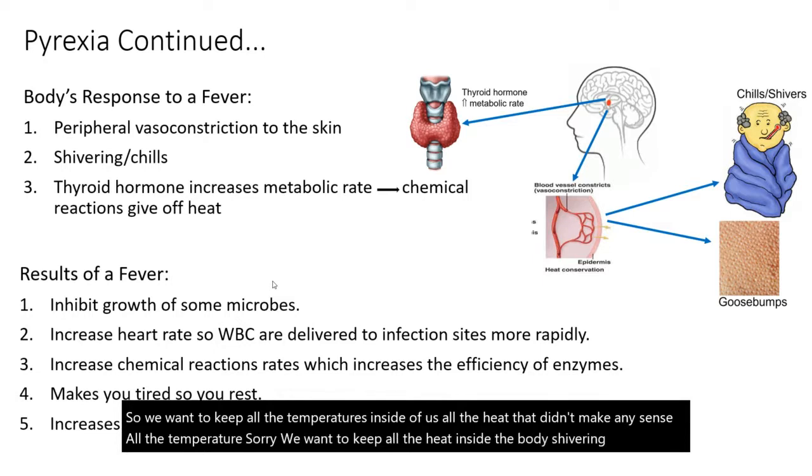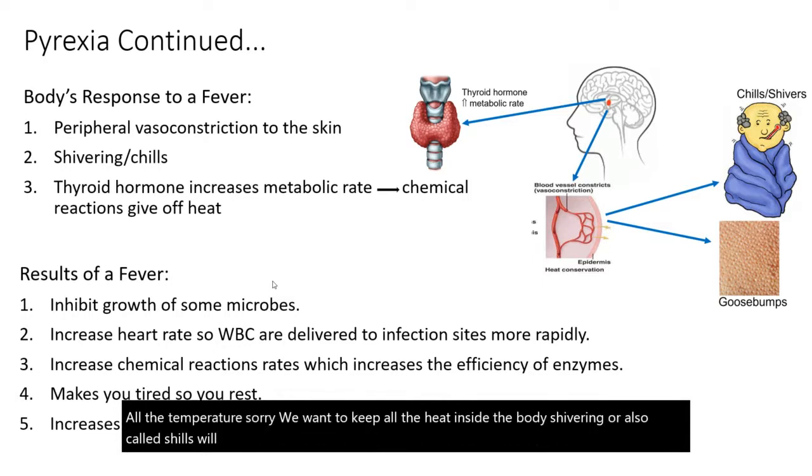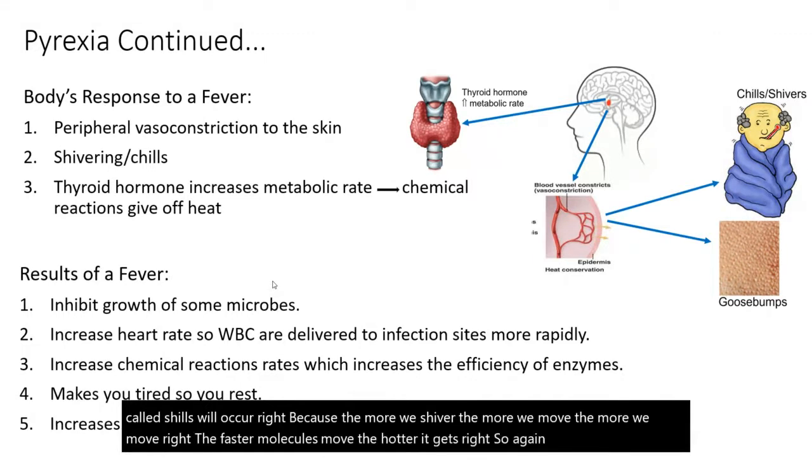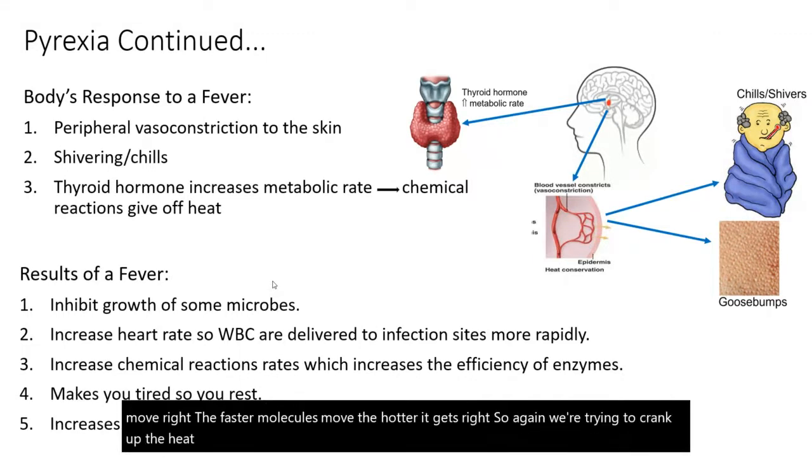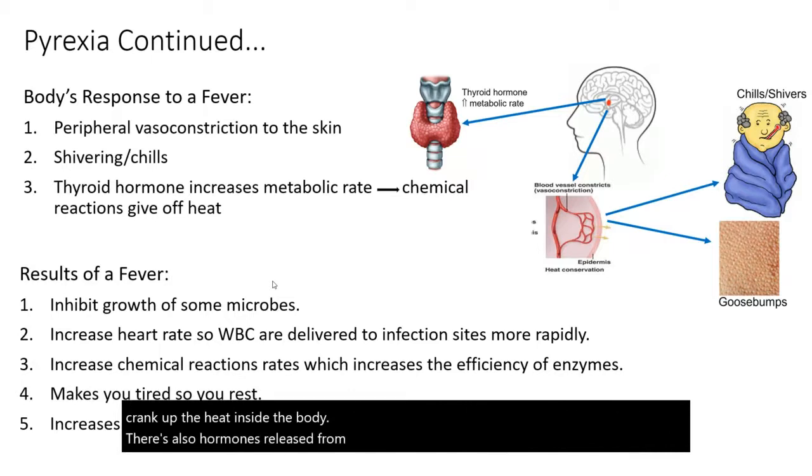Shivering, also called chills, will occur, right? Because the more we shiver, the more we move. The more we move, the faster molecules move, the hotter it gets, right? So again, we're trying to crank up the heat inside the body. There's also hormones released from the thyroid that specifically increase the rate of certain metabolic reactions.